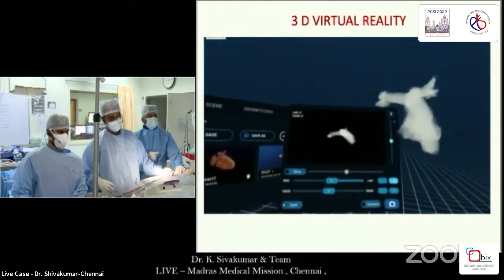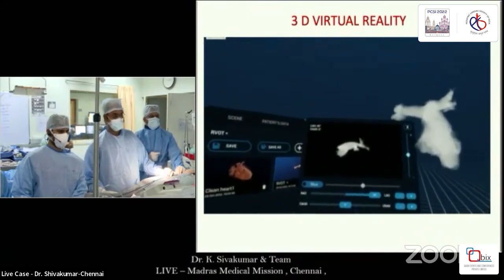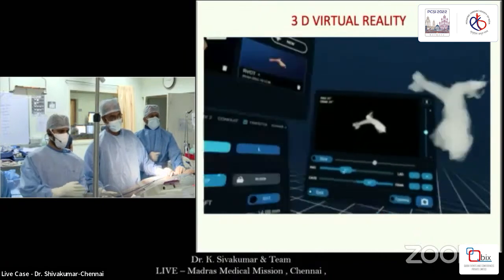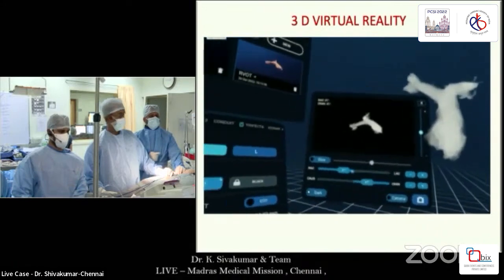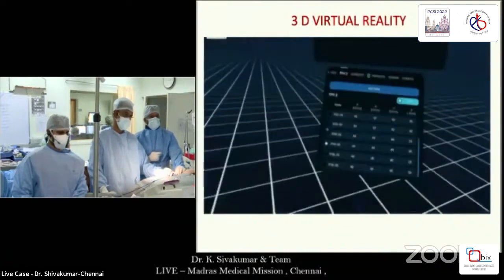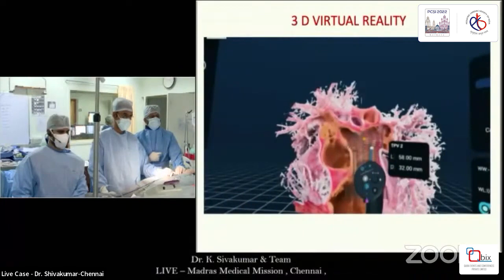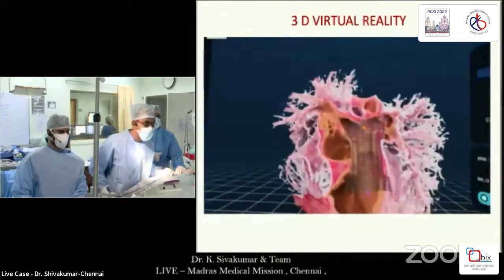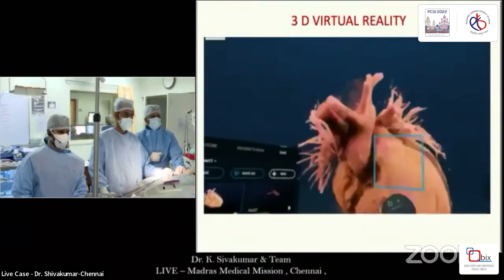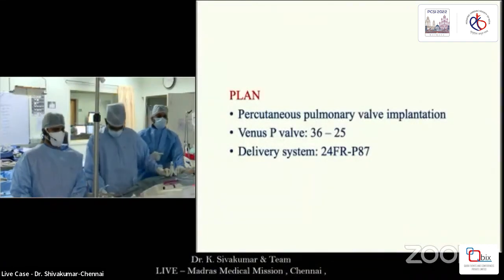Similar projections can be made in angiographic view also, and angulations can be changed similar to our conventional ones. So these are the RAO, cranial, and LAO projections demonstrating the RVOT that we are going to stent now. We can also do a trial: the pulmonary valve can be positioned in the RVOT and checked for the appropriate size. So we have decided to use a 36/25 pulmonary valve.